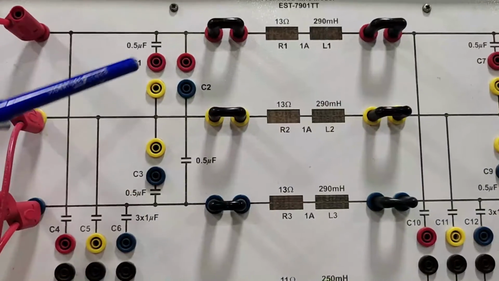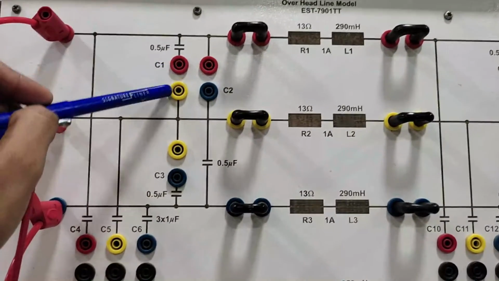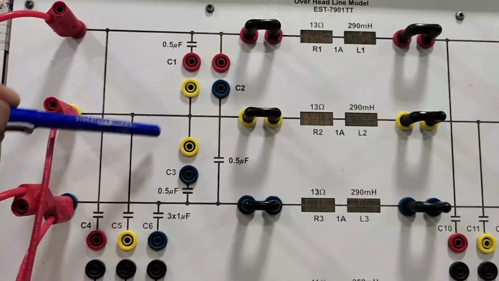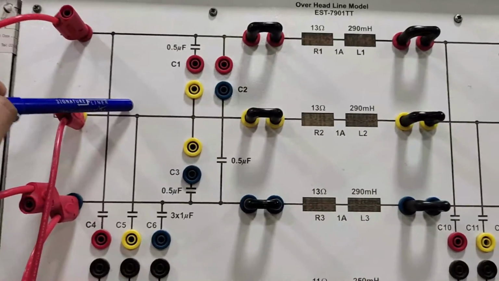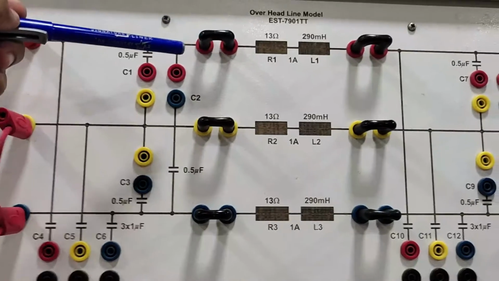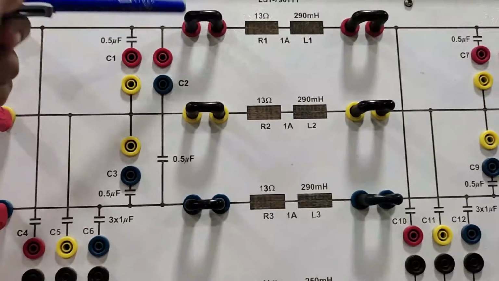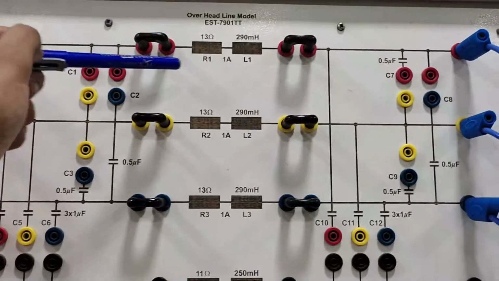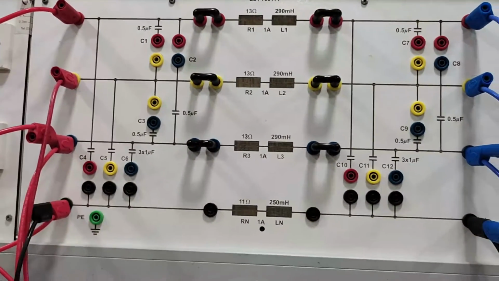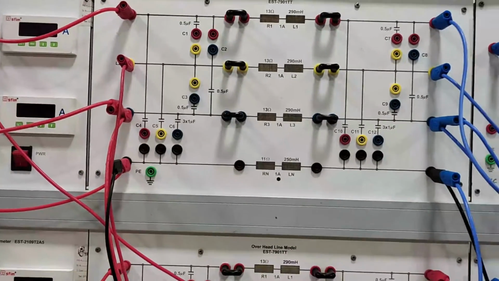We have removed these bridge plugs because we are not considering the line to line capacitance of the transmission line, but we have to connect the resistive and inductive components. So we have inserted the bridge plugs to connect the line resistance and inductance of the transmission line. So students, now coming towards our readings.